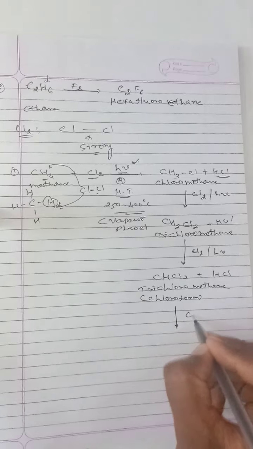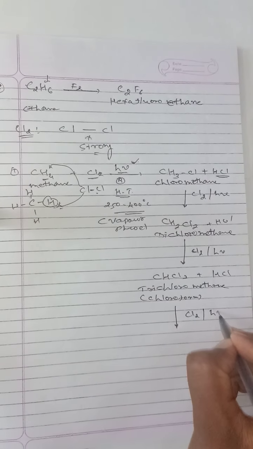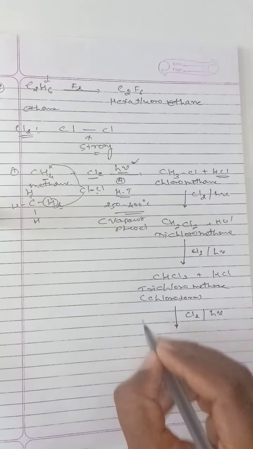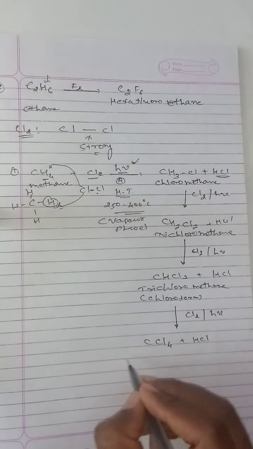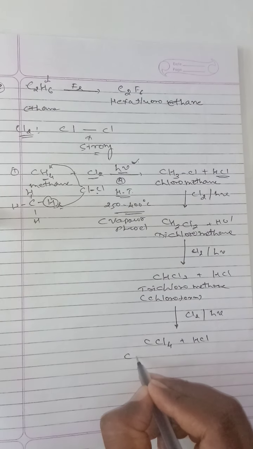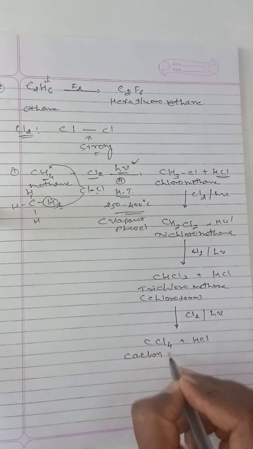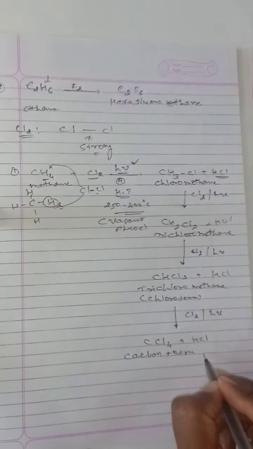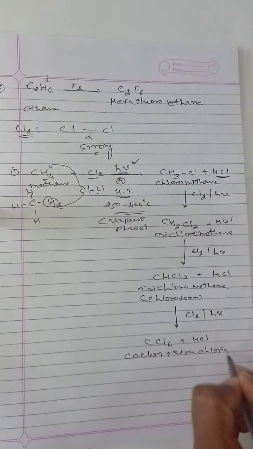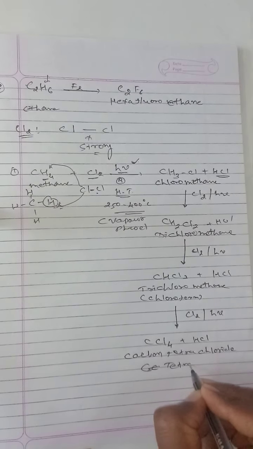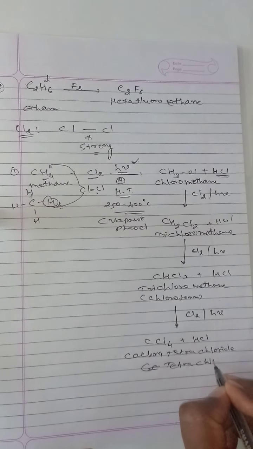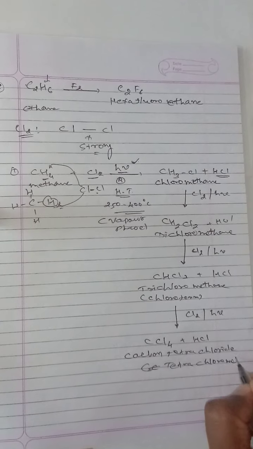Again on chlorination in presence of sunlight, we get CCl4, carbon tetrachloride, or tetrachloromethane.